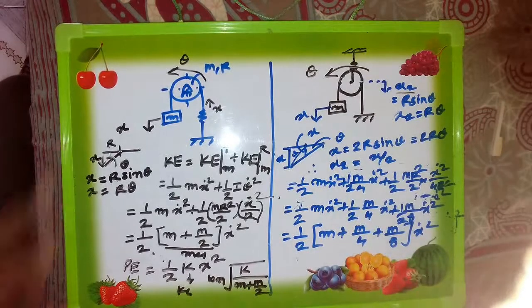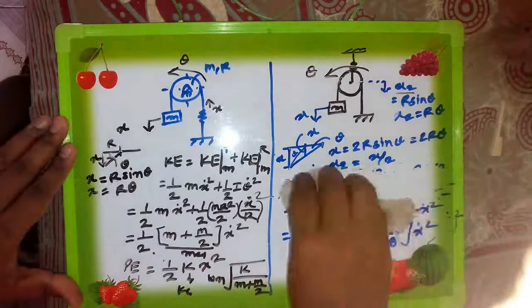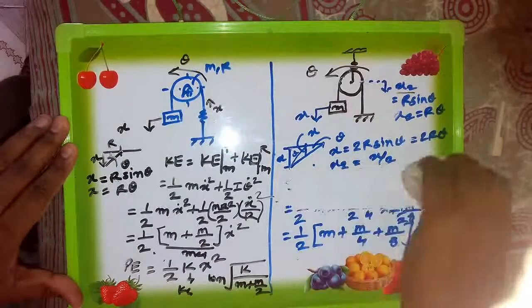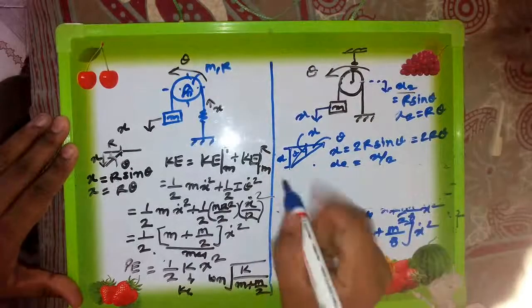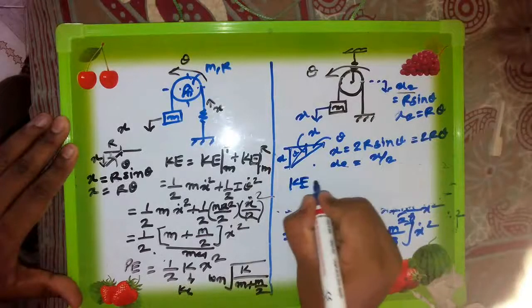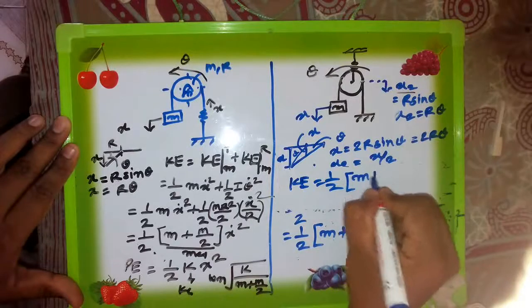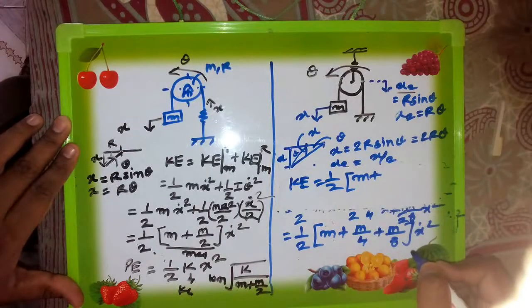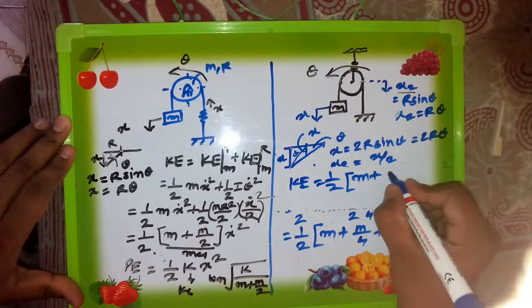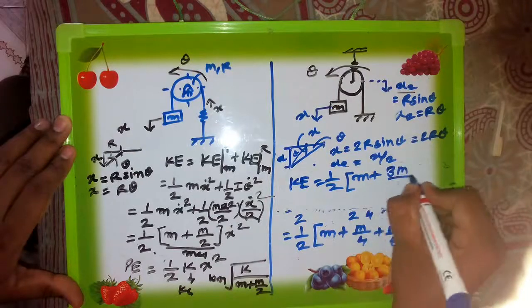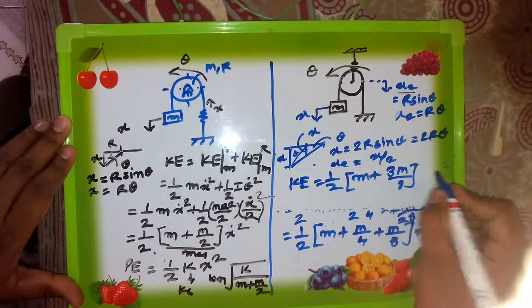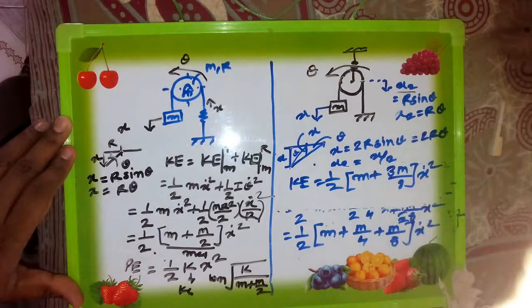Finally, the net kinetic energy of the system is equal to 1/2 into (m plus M by 4 plus M by 8), so it will be m plus 3 into capital M upon 8, into x dot squared.